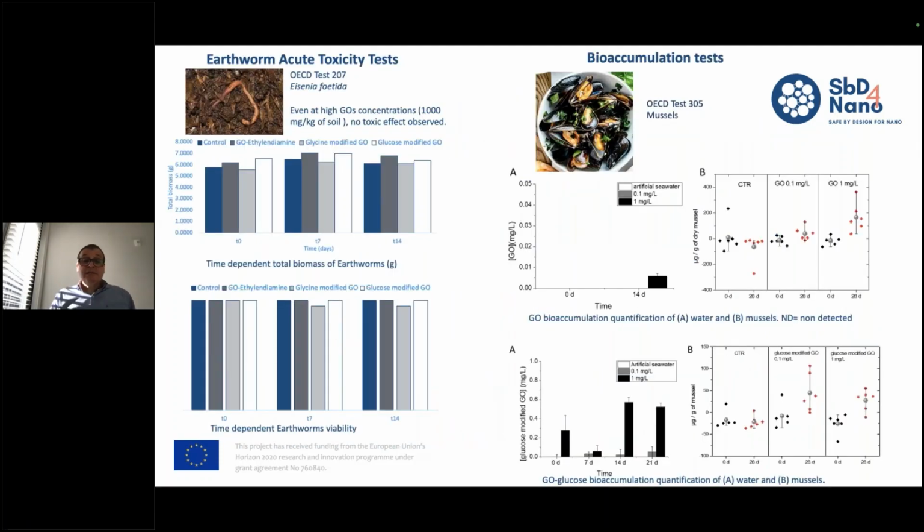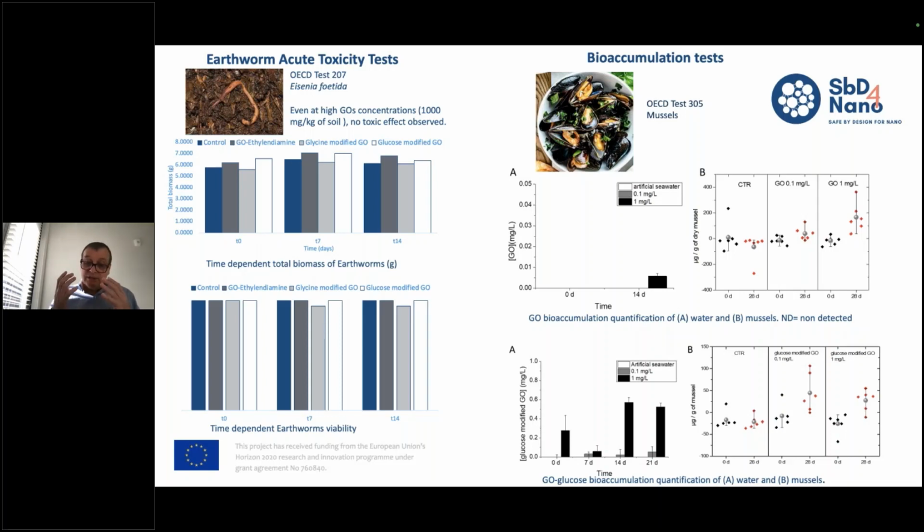The results here are interesting because the surface modification causes some effect, sometimes generating more toxic materials, sometimes generating less toxic materials.